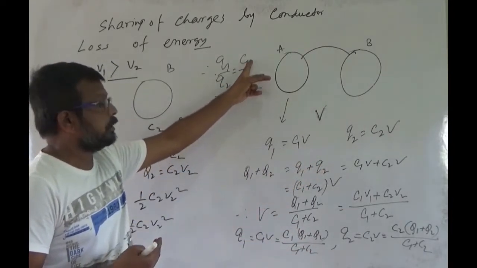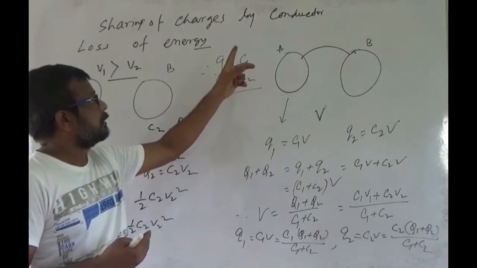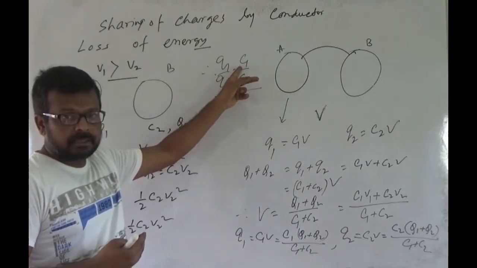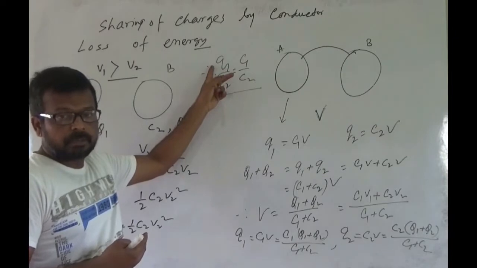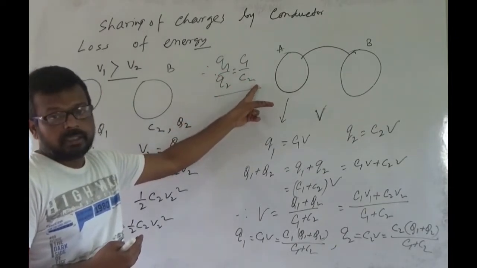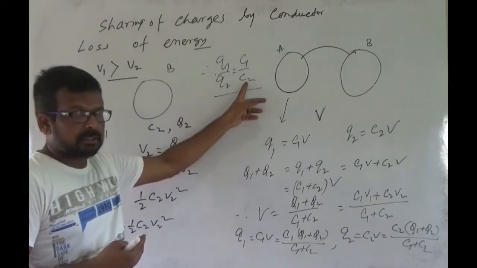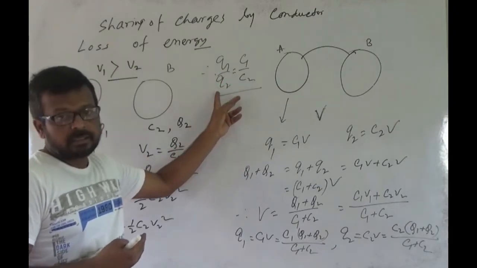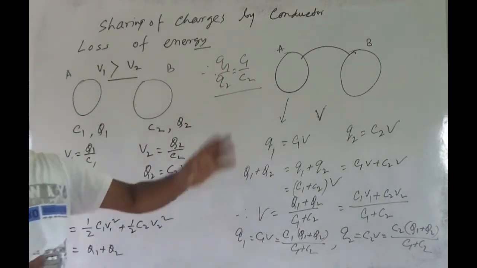Distribution is C1 by C2. That is, the conductor with greater capacitance possesses a large amount of charge, and the conductor with lesser capacitance possesses less amount of charge.